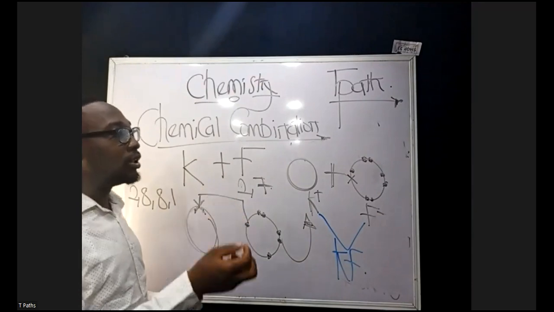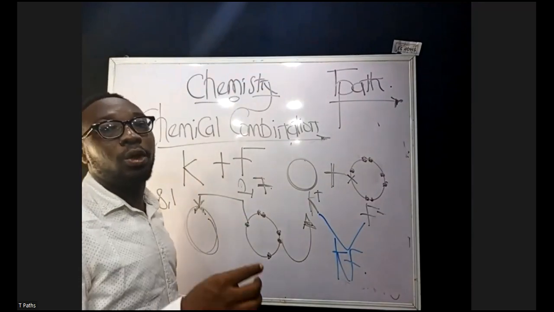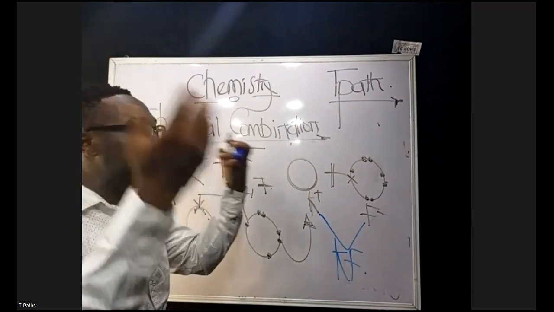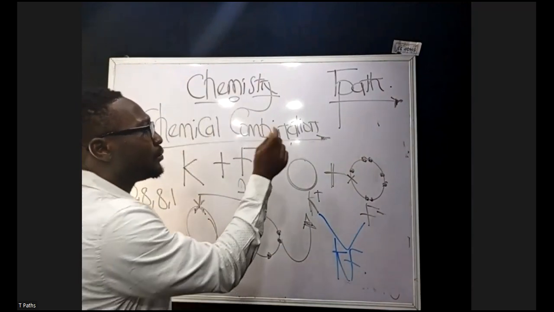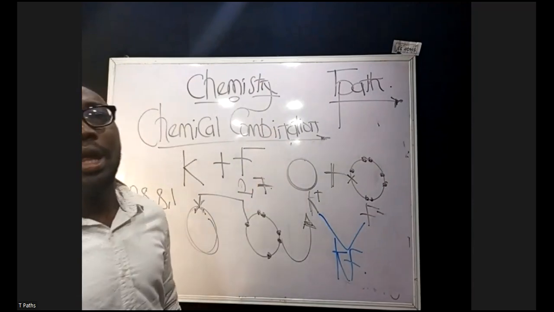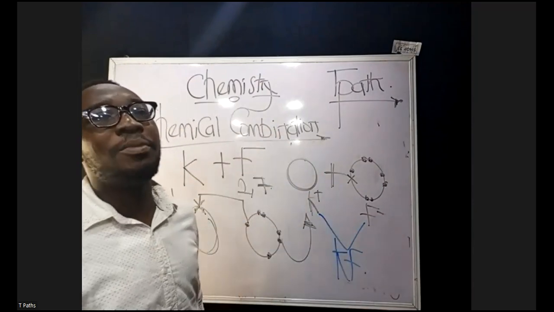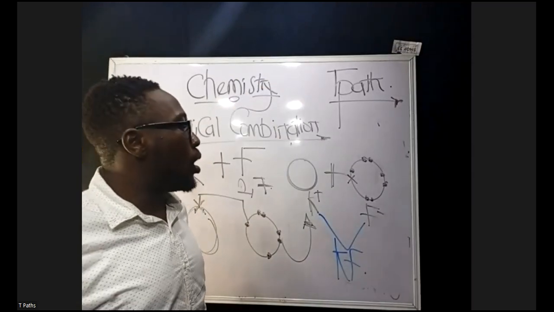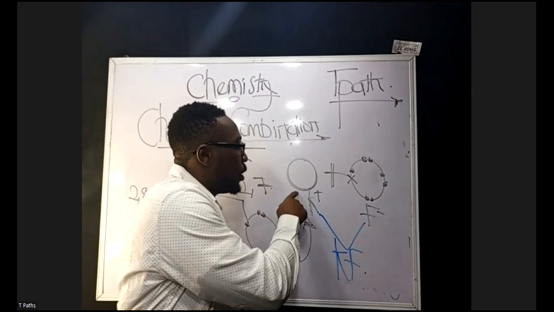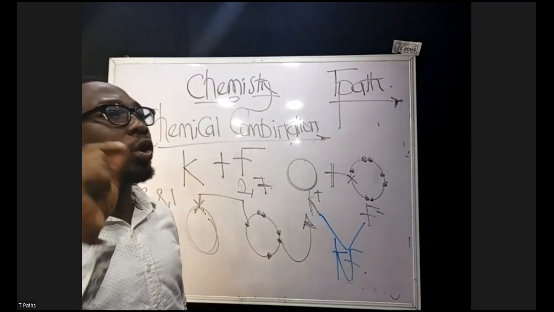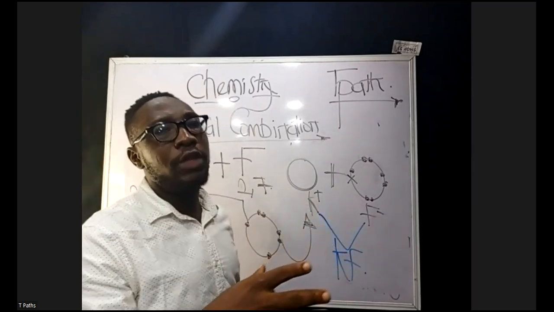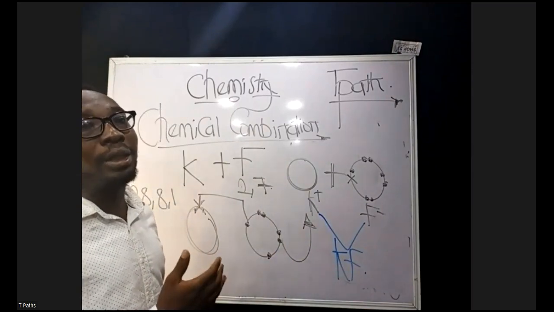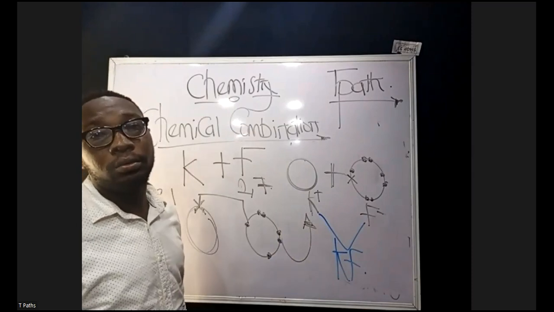That is the minimum amount of energy required for an atom to lose an electron in its ground state. What are we trying to say here? If the metal has low IE, it means that it can easily give out an electron, which is what we want. A metal must have the ease to give out an electron. If it does not, then there's a problem. We cannot say that such an atom can form ionic bonding.